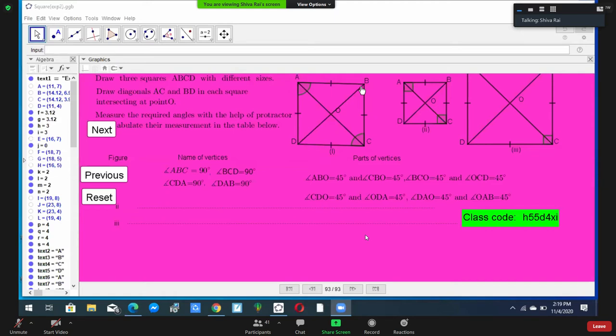Look at the screen. Have you seen it? Note down everyone, the class code I have written here is 55D4XI. Everyone note down, and submit your assignment in this class code, not in DEF.